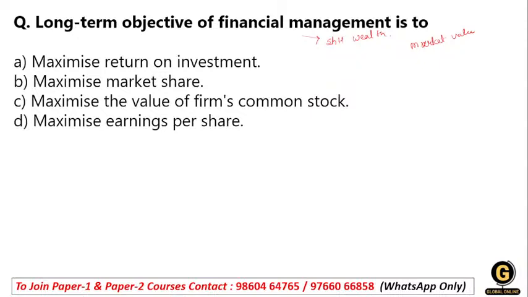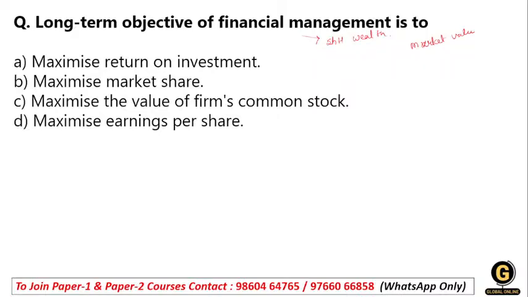So here earning risks is minimized, timing for return and market perception. These are the factors, but the long term objective of financial management is, option number 1, maximum return on investment, isn't it true?